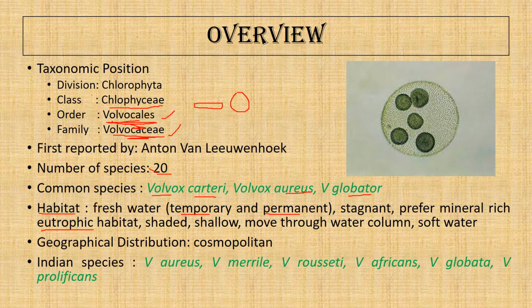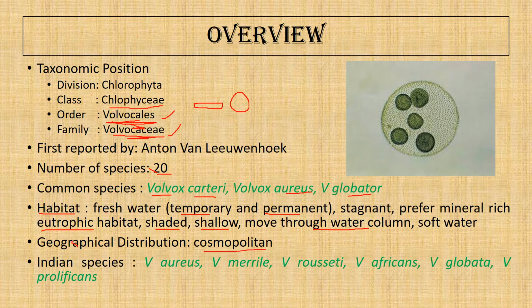There should be partial shading of the water, and preferably it should be shallow water. Otherwise, they can move up the water column. They are motile, so they prefer shallow water. And it is cosmopolitan in distribution.